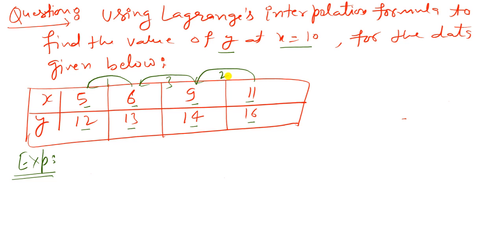So here x0 is this value, this is x1, this is x2, this is x3, and the y values, that is if y is equal to a function of x, then this is f of x0, f of x1, f of x2, and f of x3.